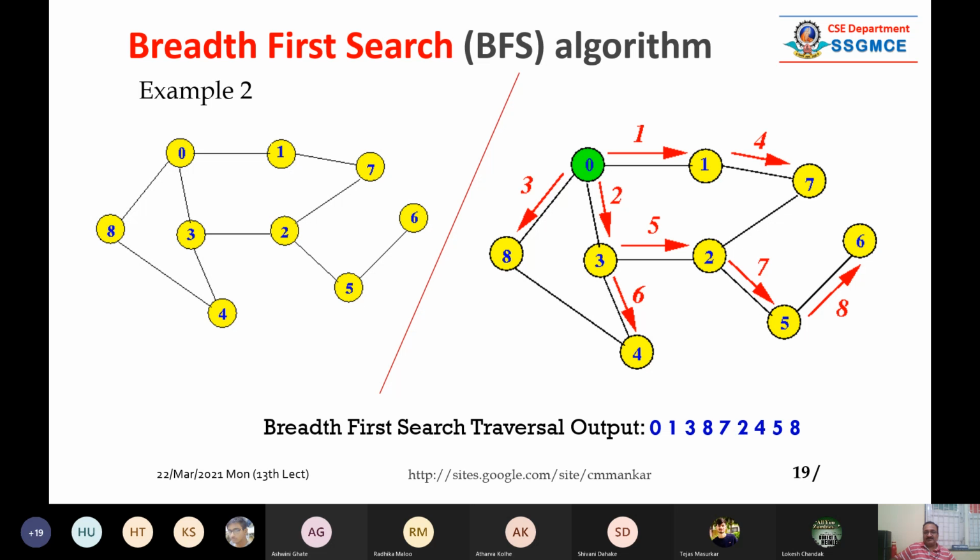See, there are red colored numbers, 1, 2, 3, 4, and arrows are there showing direction. So what I want to say is that from 0, which is in green color, you can visit node number 1, node number 3 and node number 8. 1, 2 and 3, 3 arrows are there.